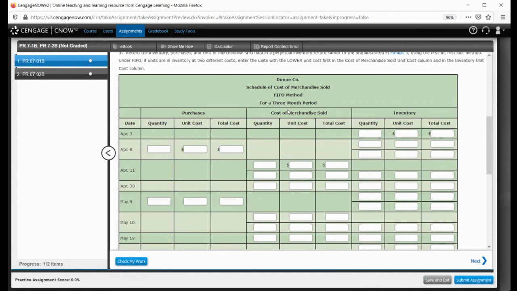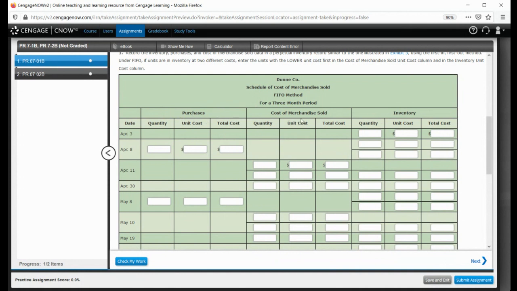So we're going to be the Dunn company, and we're using the FIFO method, which means the first units that we purchase and are in inventory are going to be the first units that we sell. Notice this card consists of 3 parts. It's got a place for our purchases.